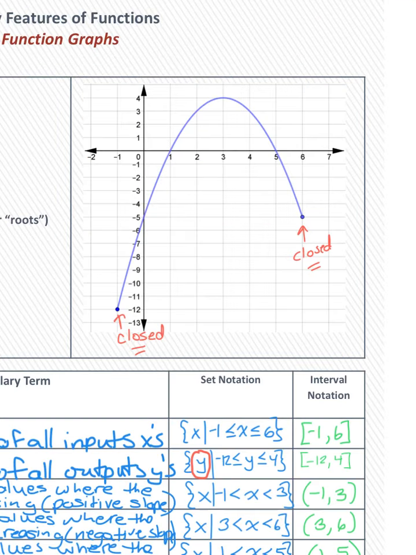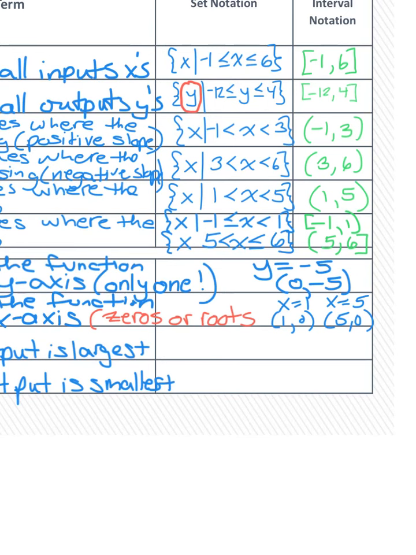Our maximum would be here at the vertex, where our output is 4. And our minimum from an output perspective is negative 12. That's the minimum and maximum that you would use to describe your range here. So we've got y equals 4 as our maximum, and y equals negative 12 as our minimum.